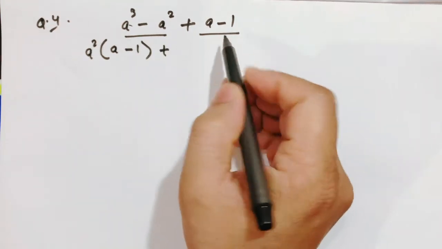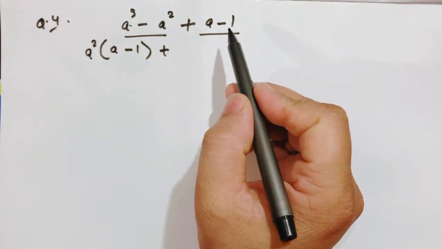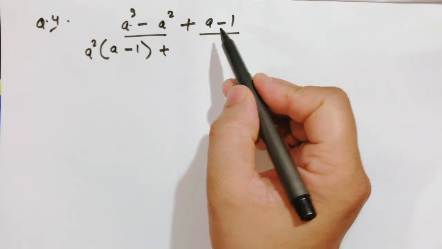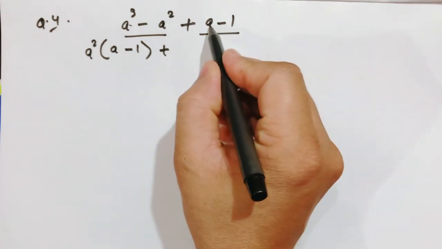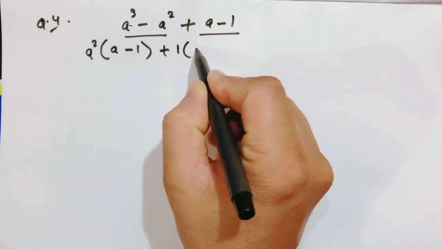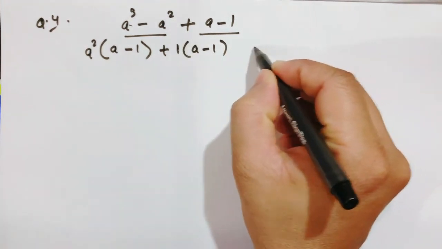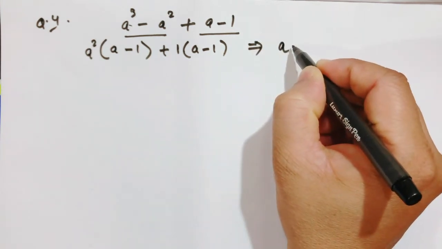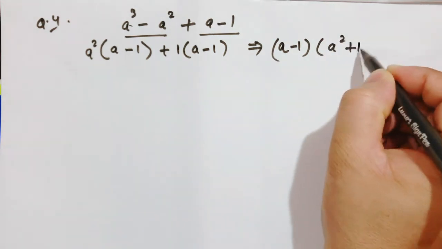Similarly, plus, see, in a minus 1 nothing is common but 1 is common, because 1 is the multiple of every number. So when you take 1 as common, you will get a minus 1. Yes, so once again you take a as common, in this you take a minus 1 as common, and you will be getting a square plus 1.